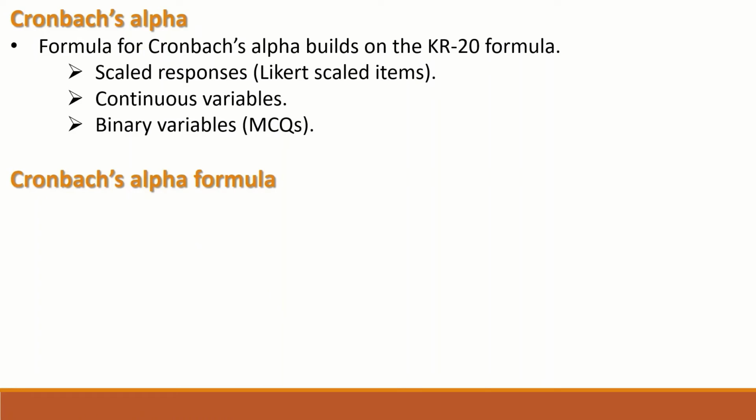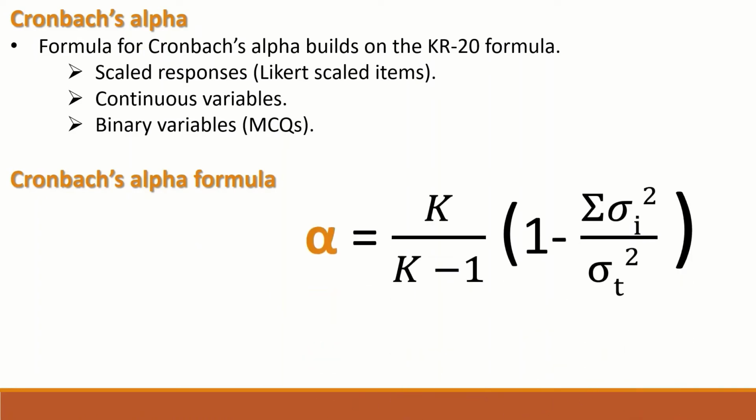Cronbach's alpha formula is alpha equal to k divided by k minus 1 multiplied by 1 minus the summation of the variances for each individual item divided by the variance for the total score.